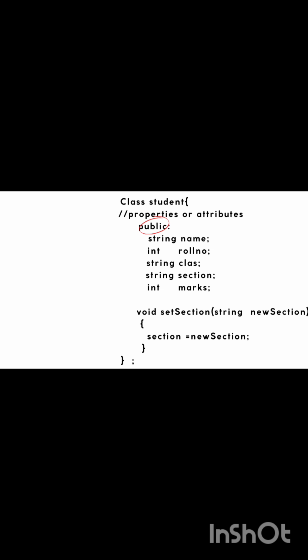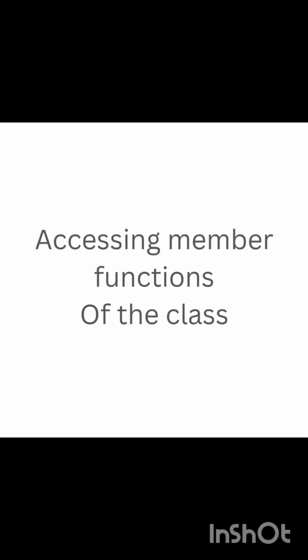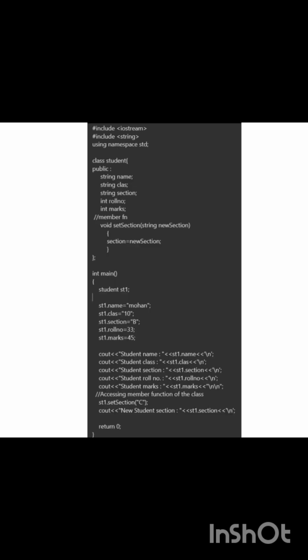Another thing we need to do is to access the member functions of the class student through the main function. So the member function here is set section. It has only one member function, which is set section.